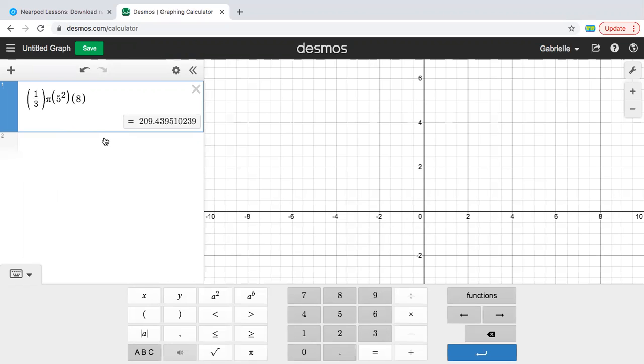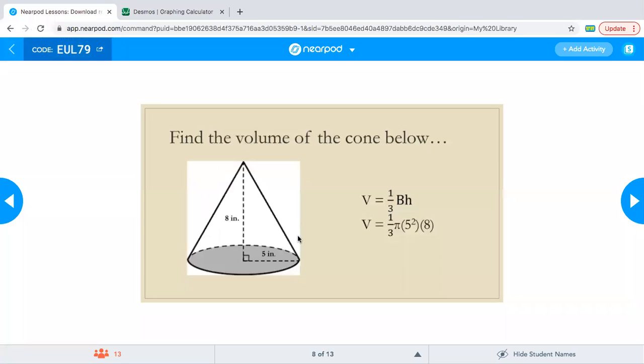And you should get 209.4. Yeah? Okay. And the more you use Desmos, the more comfortable you'll get with it. Okay. So the volume of this cone in particular would be 209.4 inches cubed.